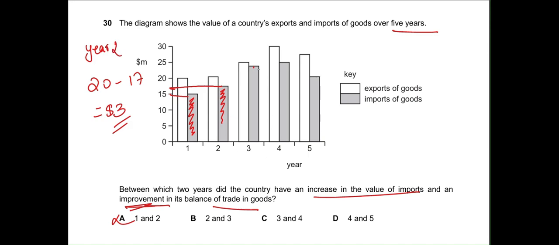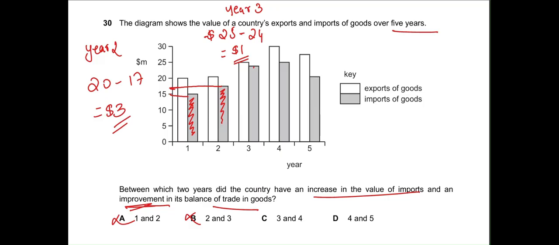And in year 3, the export has increased to 25 million, but the import also has increased to maybe $24 million. So in terms of the balance of trade, there is only a surplus of $1 million. So again, there is no improvement in years 2 and 3.